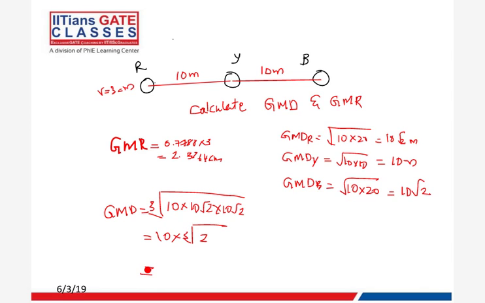That will be 10 into 1.2599. Yeah, right, that's okay. It's cube root 2, certainly. It's cube root 2 instead of cube root 3, right? Right, Varun, did you get this?